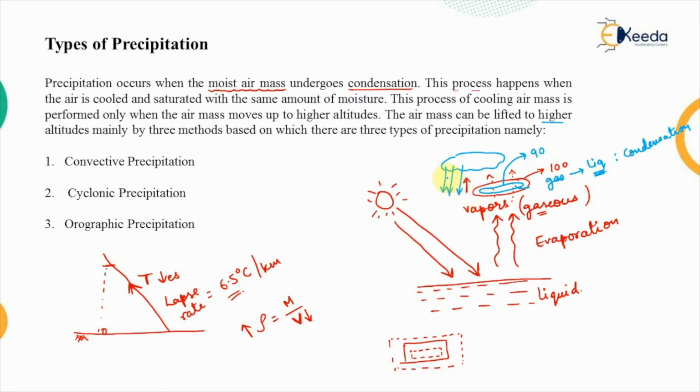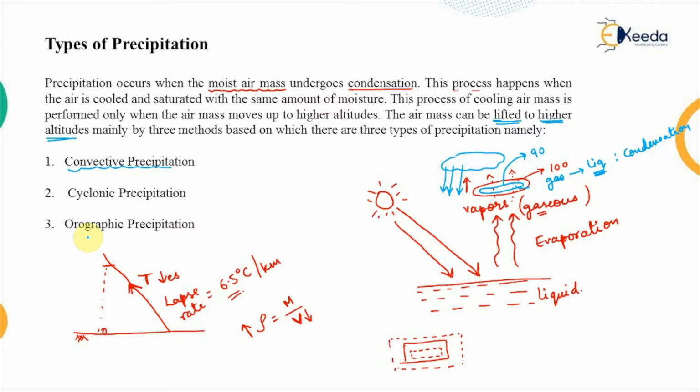Now precipitation is classified based upon the methods used to lift this air mass to higher altitudes. If a natural phenomenon occurring because of temperature change lifts the air, that type of precipitation is known as convective precipitation.